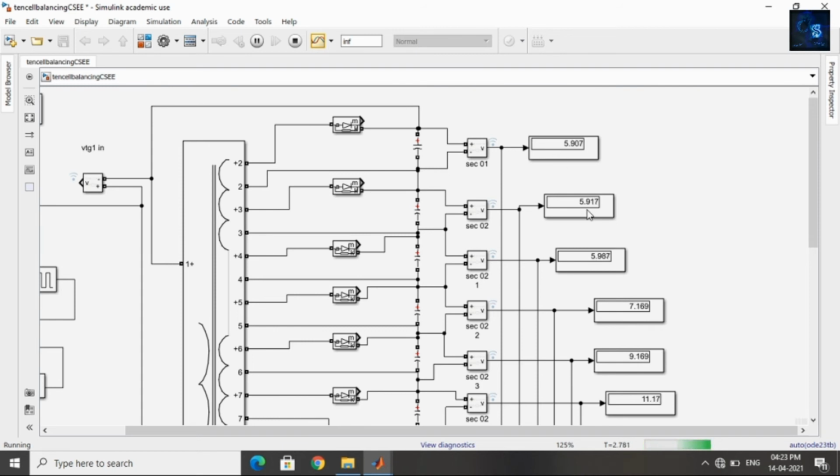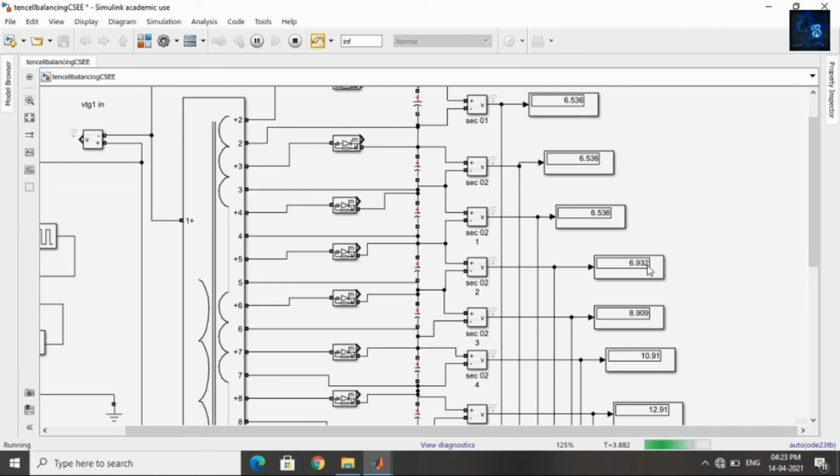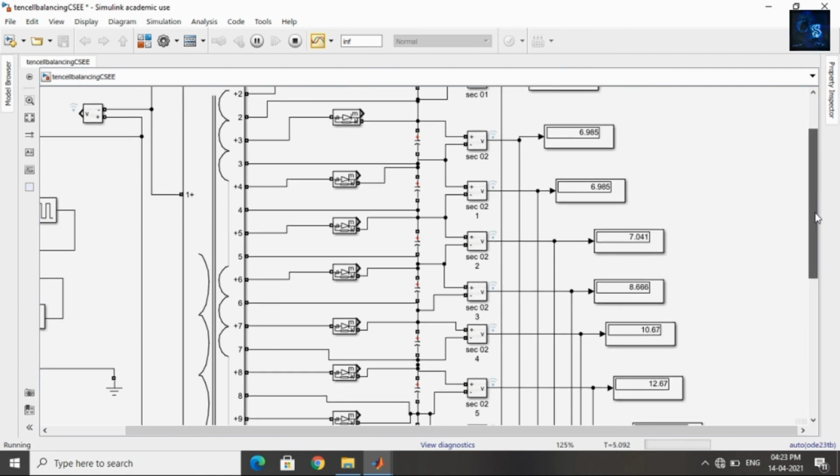Okay, 5.8, 5.9. After a few seconds the cell 3 voltage will be equal to cell 1 and cell 2. You can see now. And now cell 4 voltage is also becoming equal to cell 3, cell 2 and cell 1 voltage. Okay, this was about how to balance 10 cells.